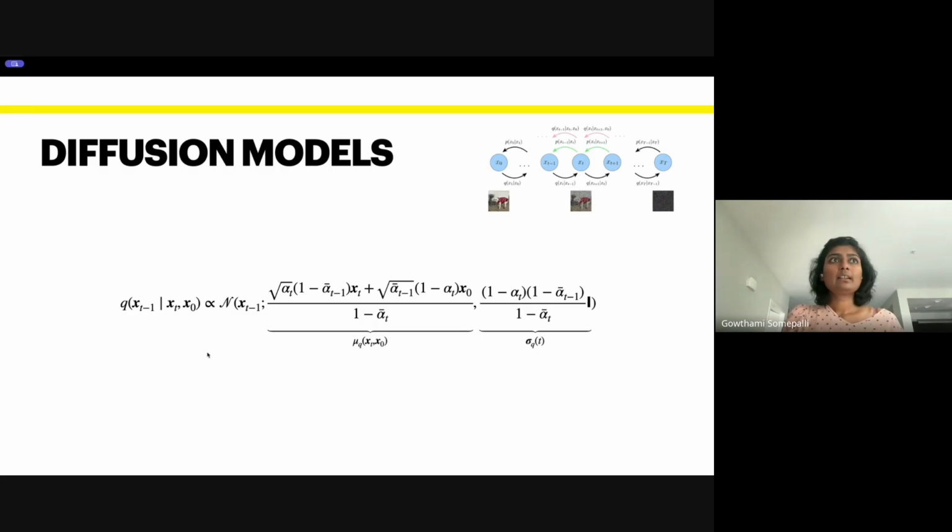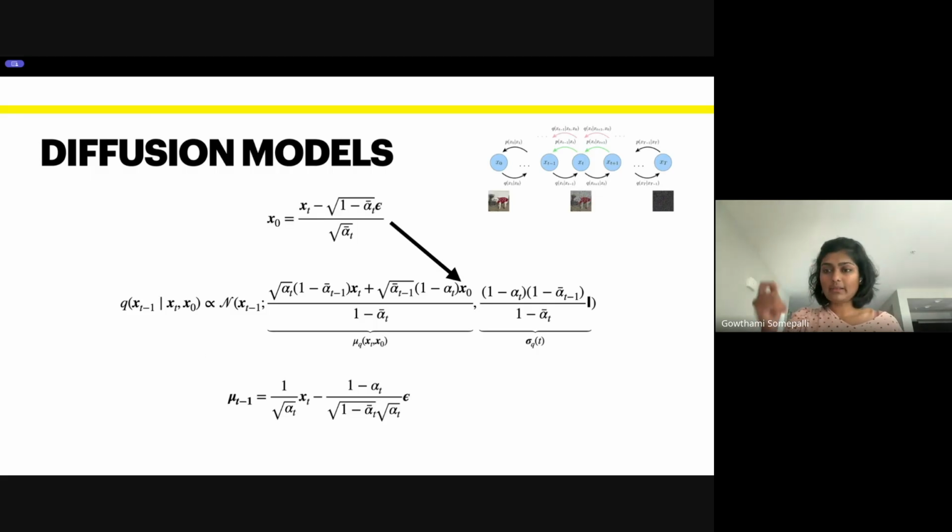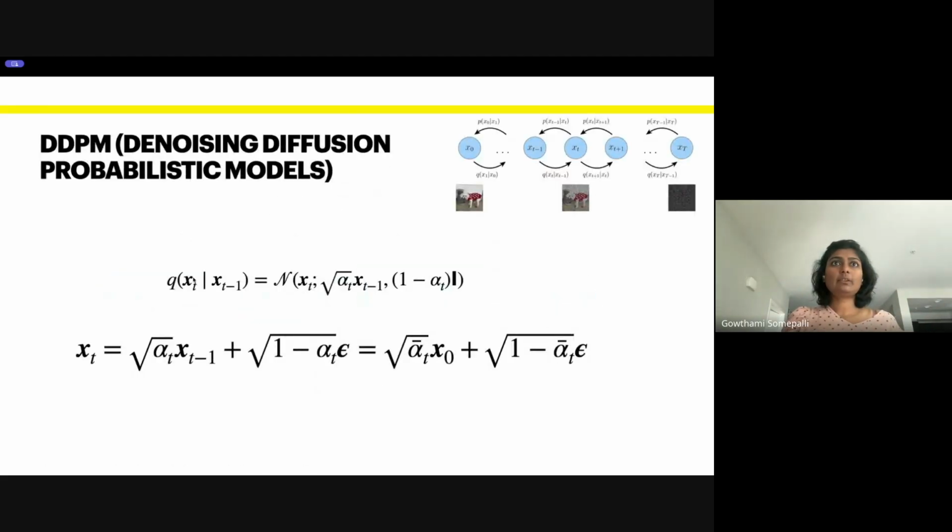Okay, there is another small simplification. We have seen a couple of slides back that the DDPM authors have defined q of xt given xt minus 1, where xt can be written as some scaling times xt minus 1 plus some noise.